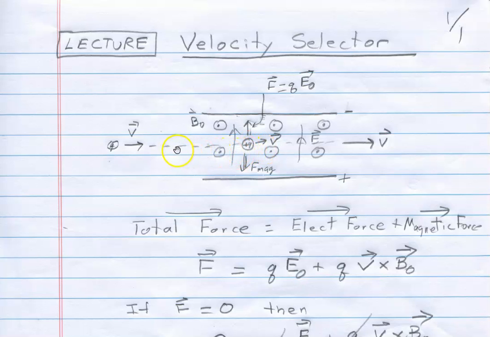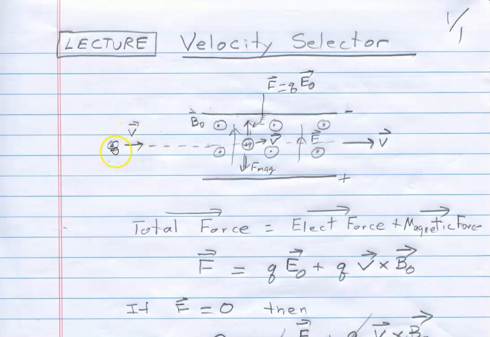On the other hand, if I fire in a very fast particle through here, the electric force stays the same, but the magnetic force depends on the speed, so it will get stronger and that'll pull it down to this plate. So some are deflected one way, some the other, depending on the velocity.